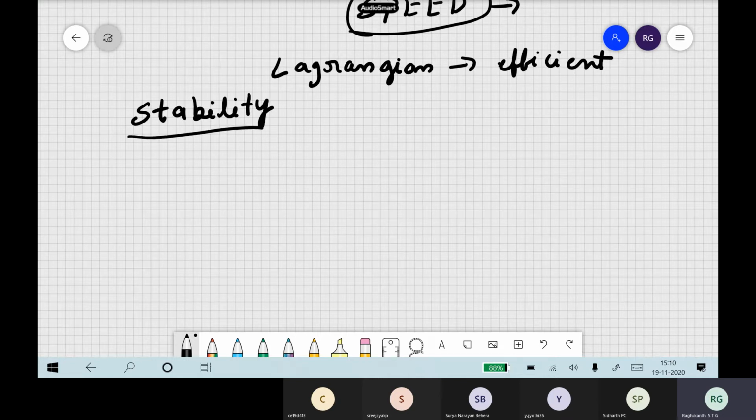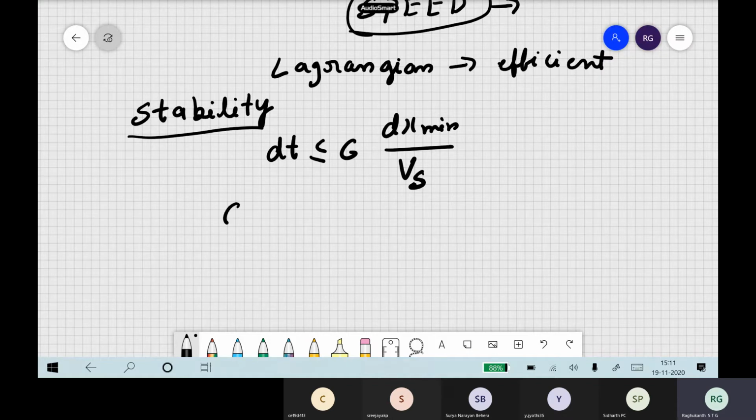The stability criteria have to be checked, and the criteria are the same as in finite difference, which we have seen. You substitute and you get it here. So more or less the formula remains the same. With the phase velocity, that is the shear wave velocity, dt should always be less than c, our Courant number.